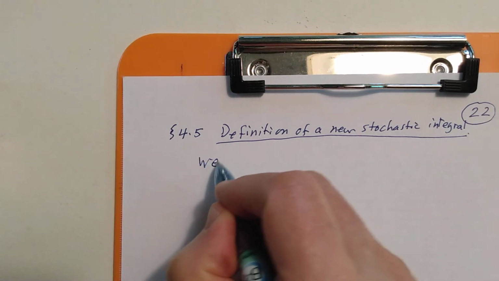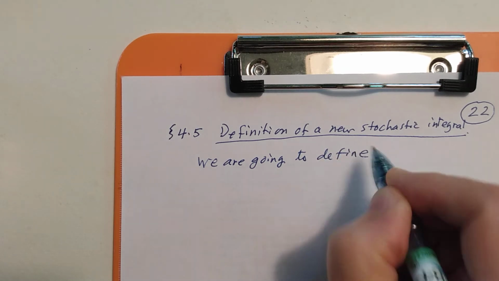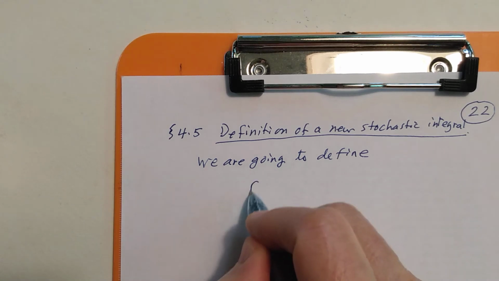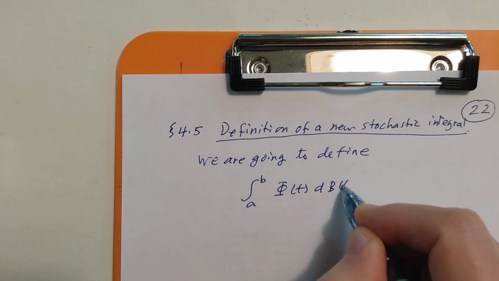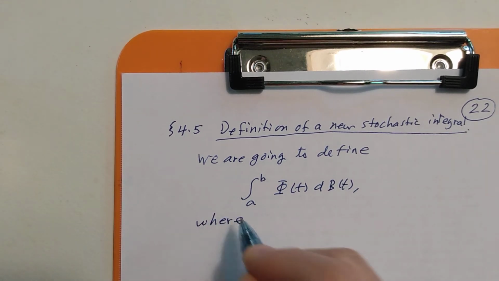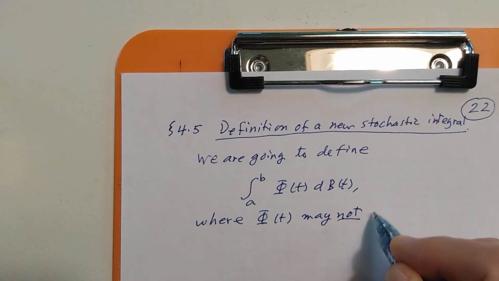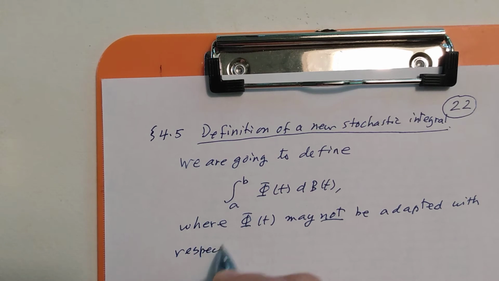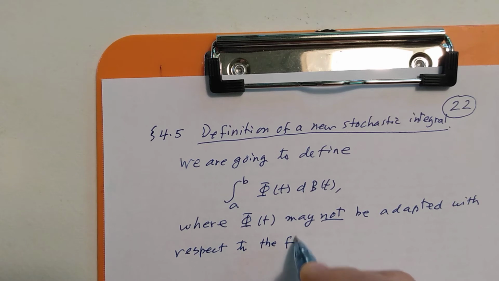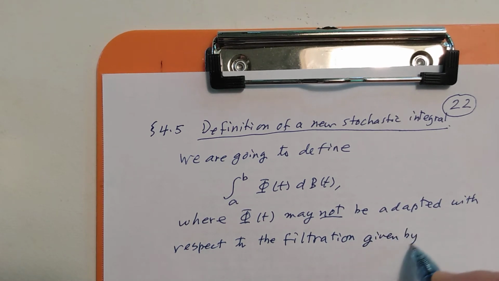So we are going to define the new stochastic integral from a to b of phi t dBt, where phi t may not be adapted with respect to the filtration given by the Brownian motion Bt.